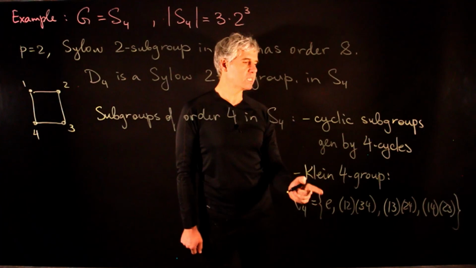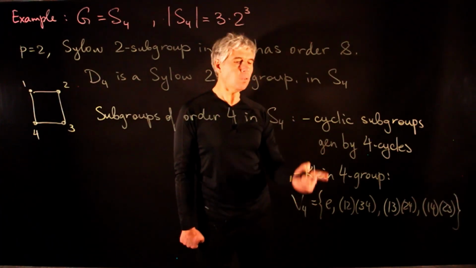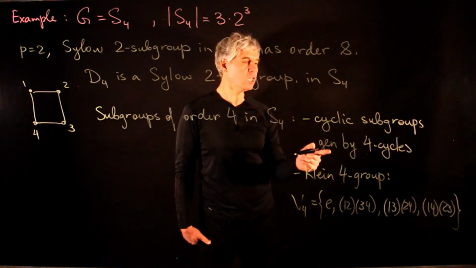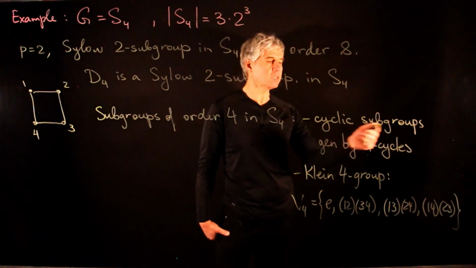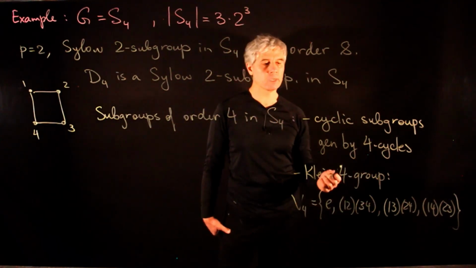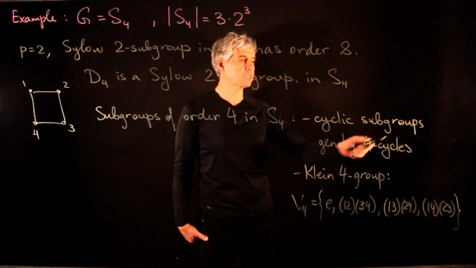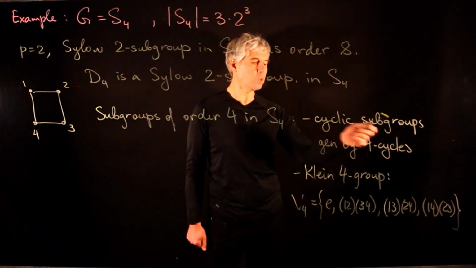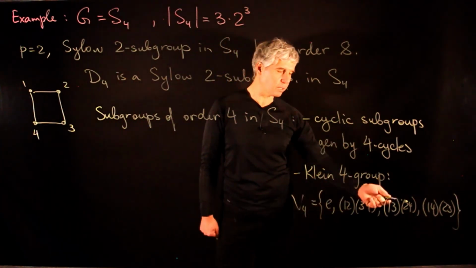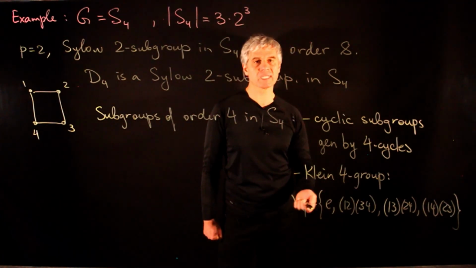From here, we see that subgroups of order 4 are not conjugate to each other in S4, because conjugation preserves the cyclic structure, and the Klein 4 group does not have 4 cycles. So this means that a cyclic subgroup generated by a 4 cycle is not isomorphic to V4. Or another explanation to this is that V4 is not a cyclic subgroup.